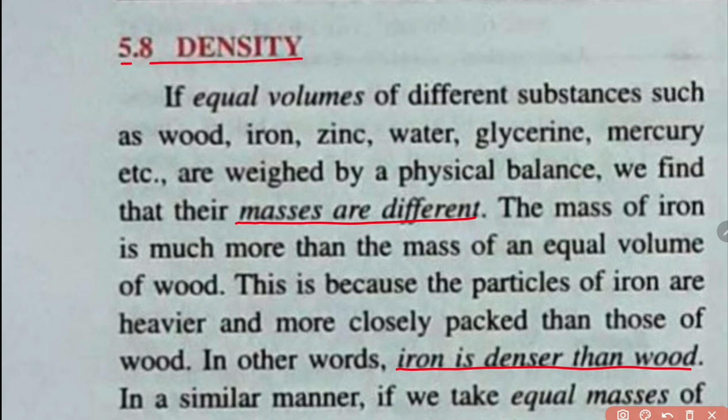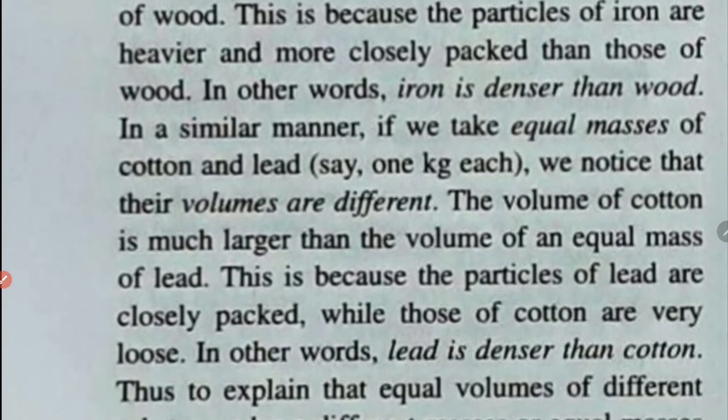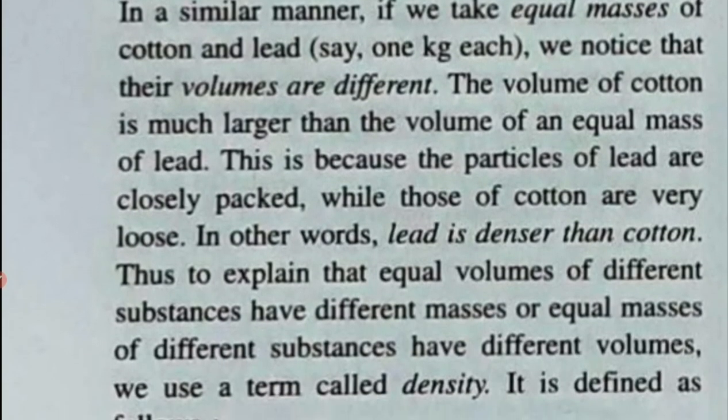In a similar manner, if we take equal masses of different substances like cotton and lead, say 1 kilogram each, we notice that their volumes are different. Obviously cotton will be much huger compared to lead if we take the same mass of each.